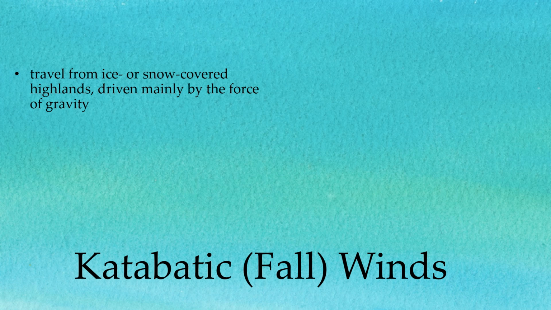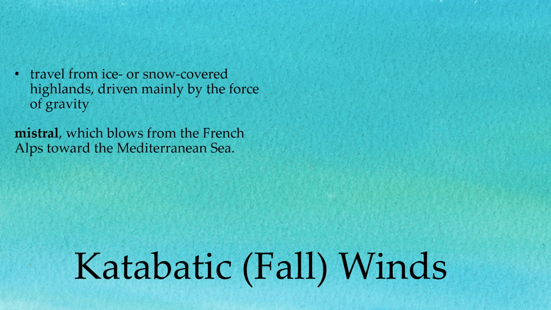Although the air is heated adiabatically, the initial temperature is so low that the wind arrives in the lowlands still colder and denser than the air it displaces. That's what we call katabatic or fall winds.